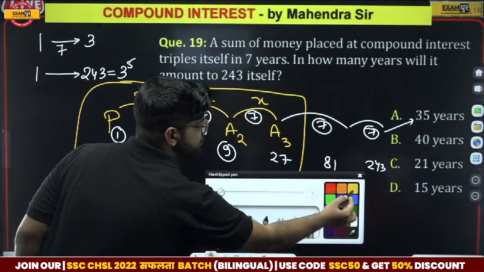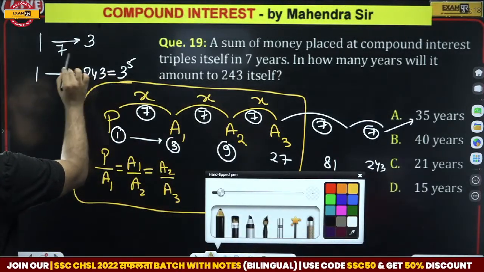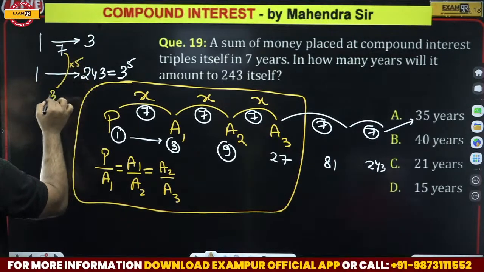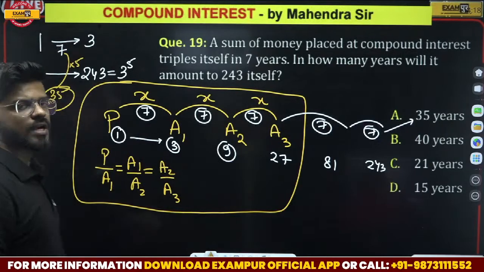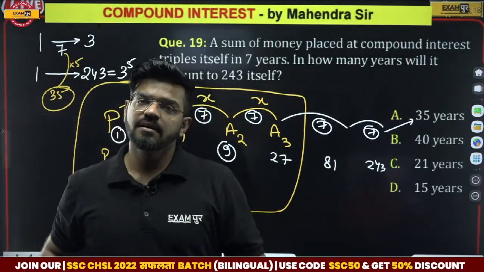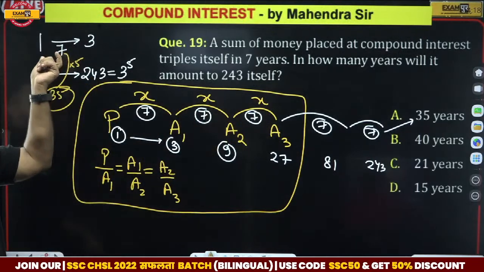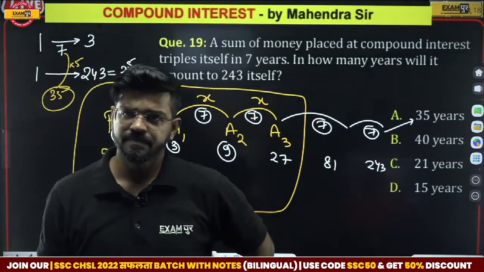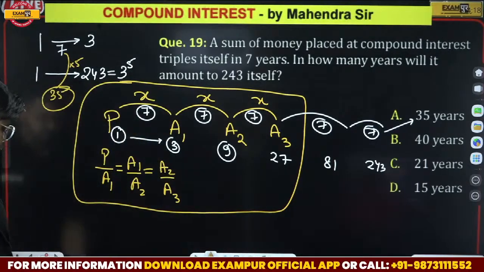Now you just multiply whatever the power is by the number of years given here, and you will get the answer. Did you get that?